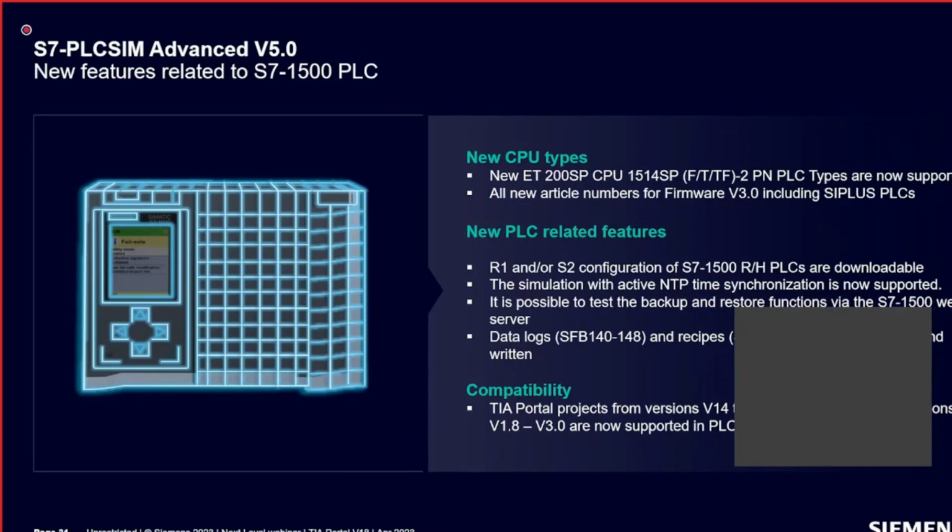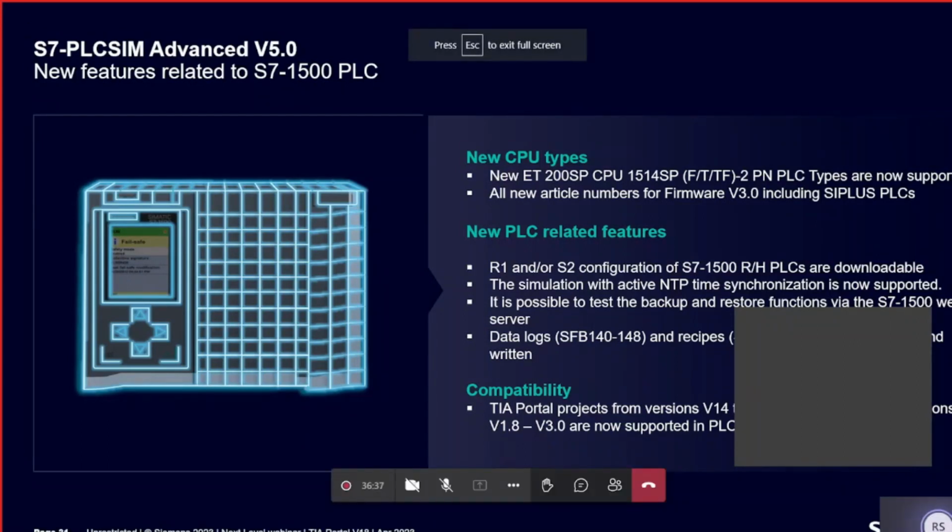All the CPUs with firmware 3.0, including C plus, can be simulated along with our new CPU, the ET 200SP 1514SP. With the new web server of PLC Sim Advanced, we can do testing, backup and restore, and the recipe and data log can also be read and written. R1 and S2 configuration can also be downloaded under 1500 R and H.